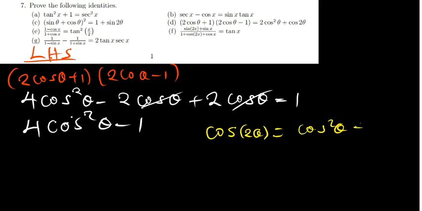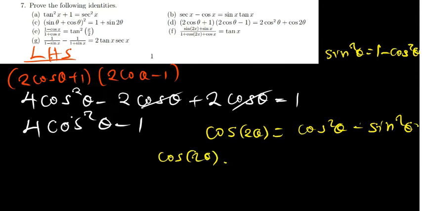We said it was given by cos squared theta minus sine squared theta. Now I can replace sine squared theta. We said sine squared theta is the same as 1 minus cos squared theta, meaning that cos 2 theta is cos squared theta minus, in brackets, 1 minus cos squared theta.